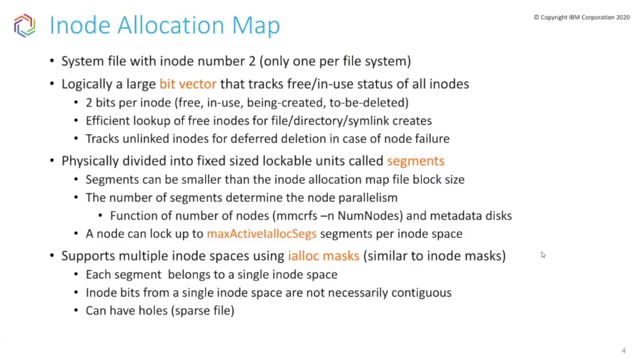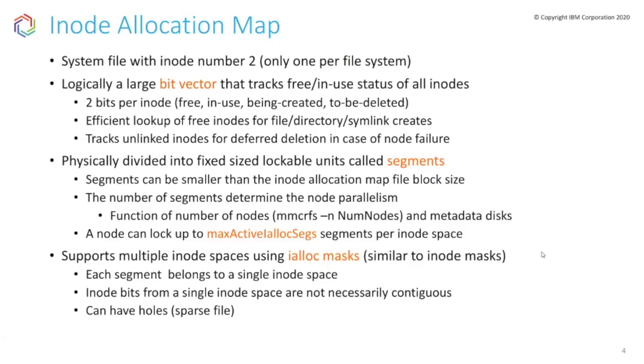So the number of segments that get created initially is a function of your file system creation arguments, specifically the -n argument, which specifies the number of nodes that you estimate this file system to work with, and the number of metadata disks that you're adding to the file system. So it comes up with a number of segments that is expected to maximize the parallelism of locking the inode allocation map. So that's the basic idea here.